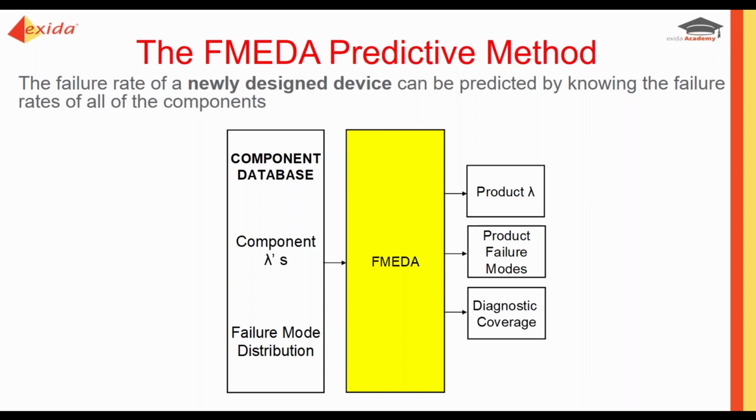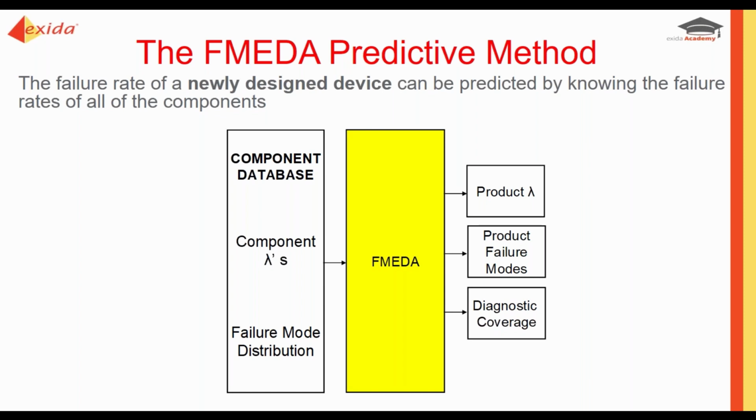So what's important when you're doing an FMEDA? That component database. That component database needs to have every component failure rate along with the failure mode distribution. So what does our component database look like?